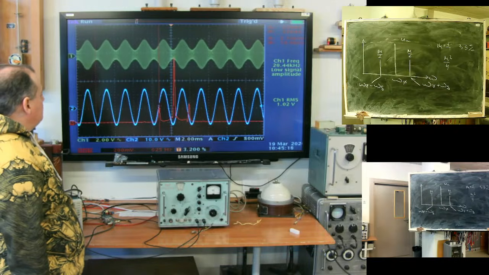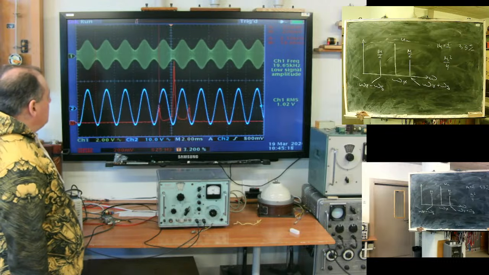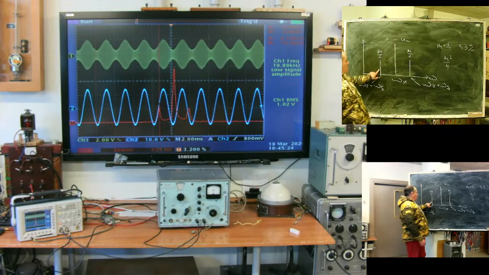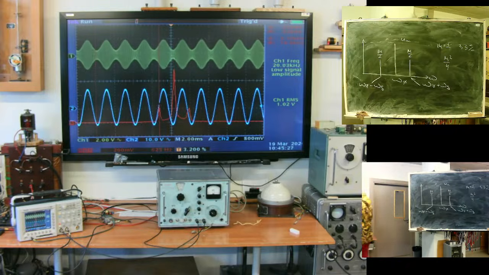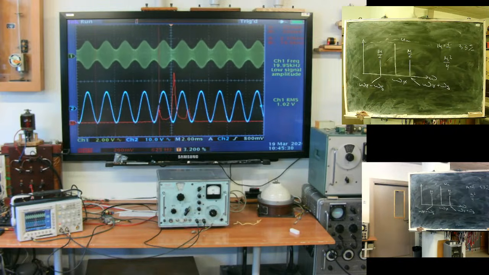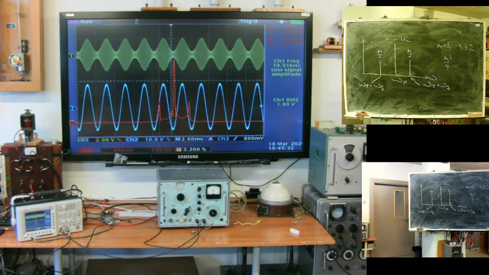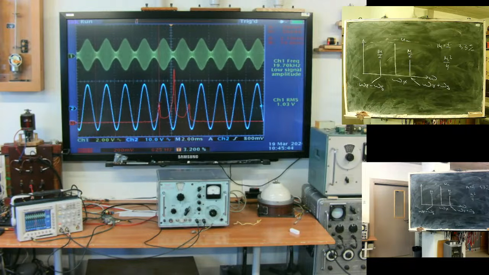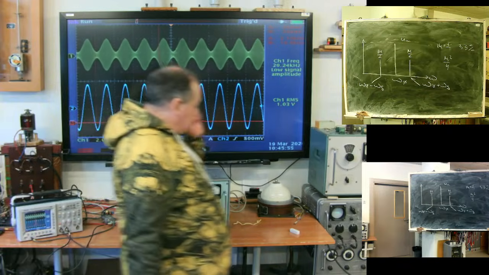I have shifted this line. Changing the depth of modulation, you see the carrier central frequency remains the same, but the side frequencies change.